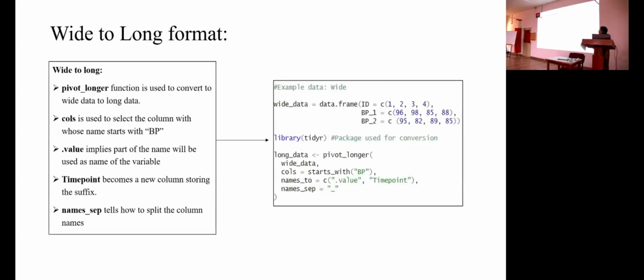For wide to long format, there is a function called pivot_longer. This function is used to convert the data from wide to long. One more function is also available, the reshape function.